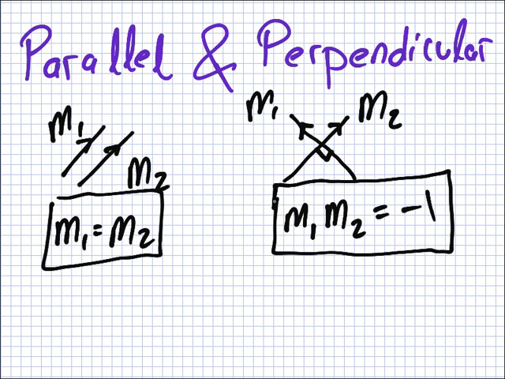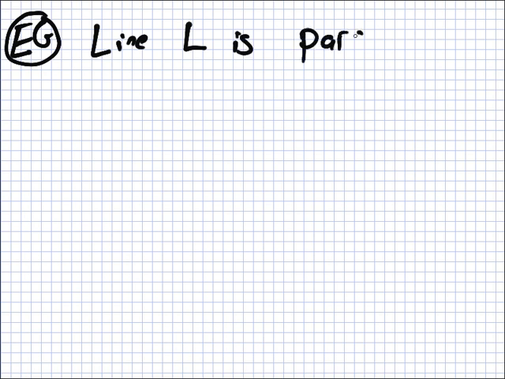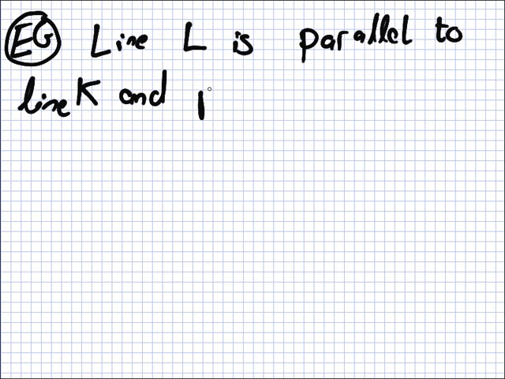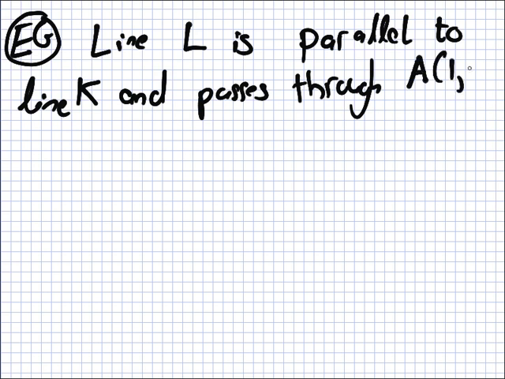All right, do we have that? Okay. Now, let's have a look at some examples. This lesson isn't too difficult, like the first lesson. So here's our first example. If you can write this question down: line L is parallel to line K and passes through the point A, we'll say is (1, 9).